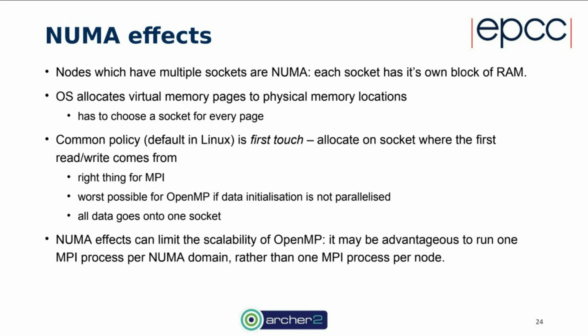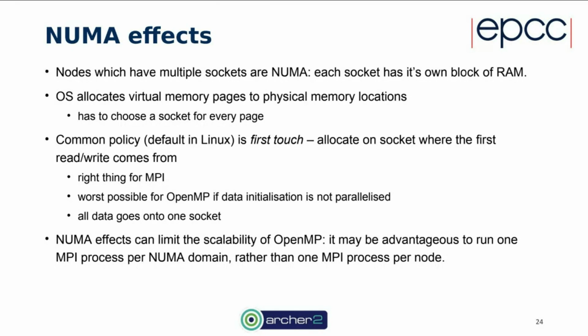In practice, what that really means is that most of the time, NUMA effects limit the scalability of OpenMP. And it's almost always advantageous to run at least one MPI process per NUMA domain rather than one MPI process per node.